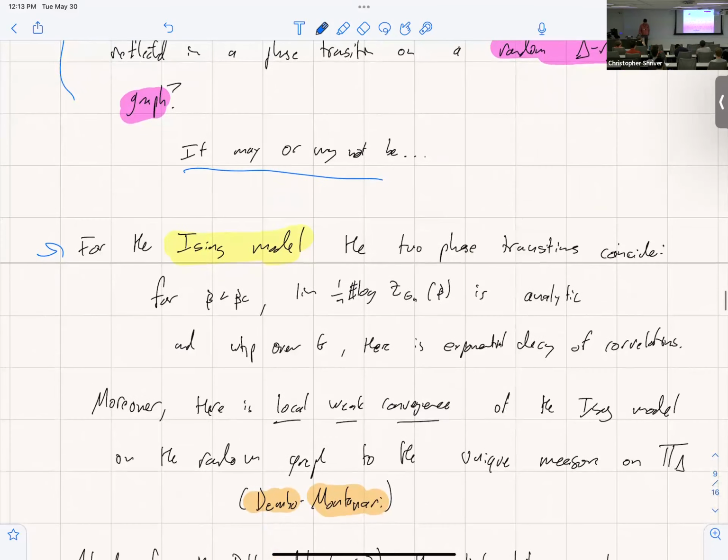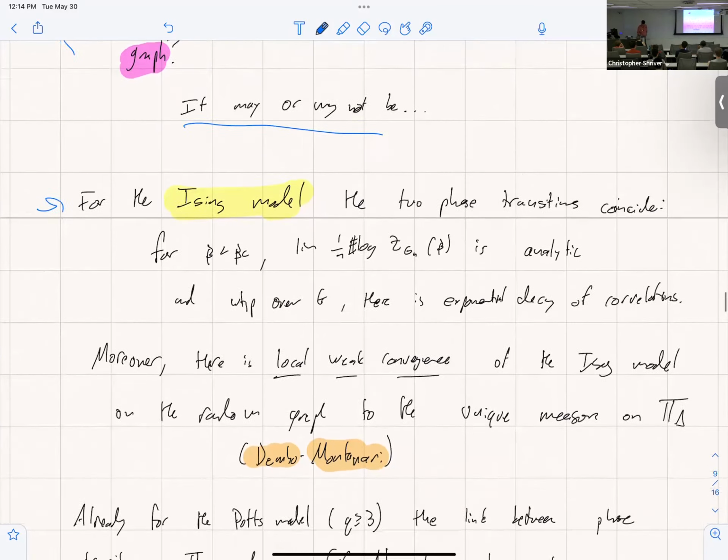And you even have more. Dembo and Montanari showed you have something called local weak convergence. This is like Benjamini-Schramm convergence, but you put the model on top of your graph, and then you ask what the annotated local neighborhood looks like. And they showed that it converges to the unique Gibbs measure on the infinite tree. Okay, that story is really nice.